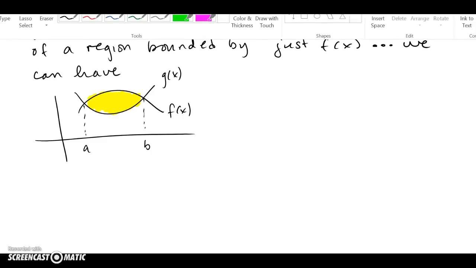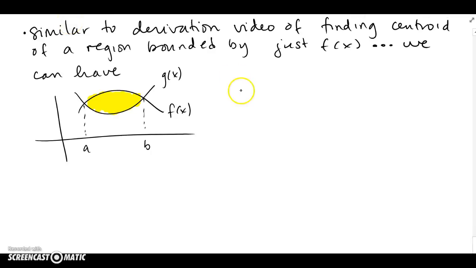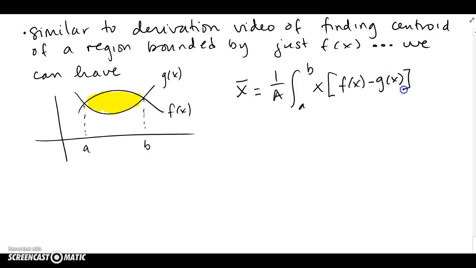So similar to the derivation video that we did before, x bar will end up just being 1 over A from A to B of x, not just times f of x, but f of x minus g of x dx, for us to be able to get that part of it.